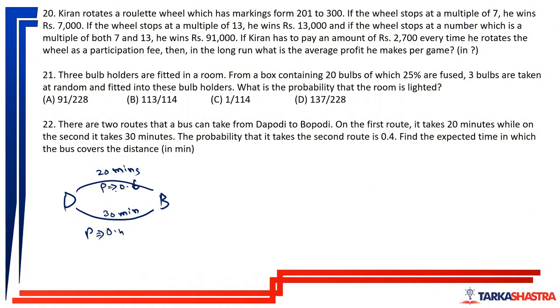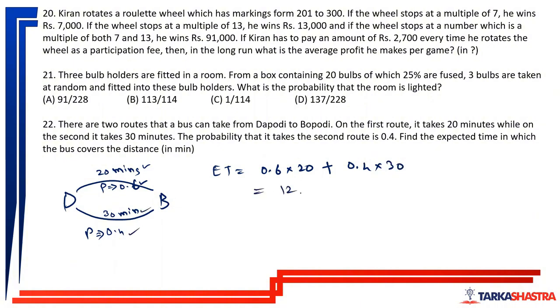Then find the expected time in which the bus covers the distance. So expected time is the first route's probability into first route's time, plus the second route's probability into second route's time.